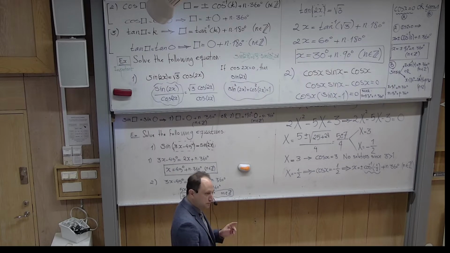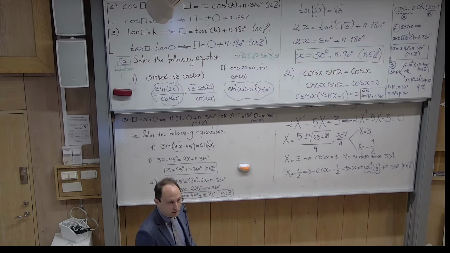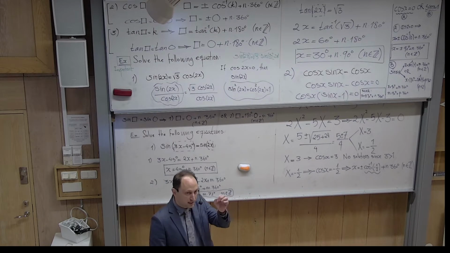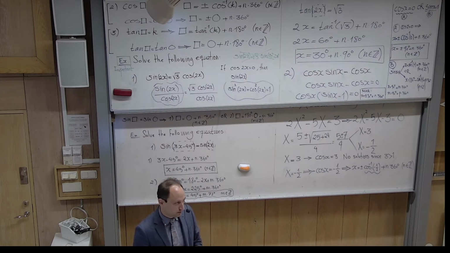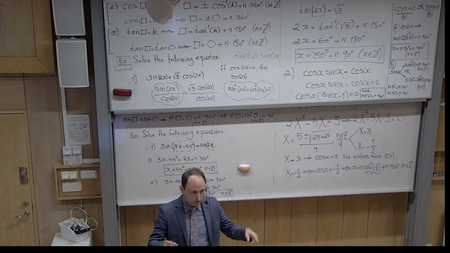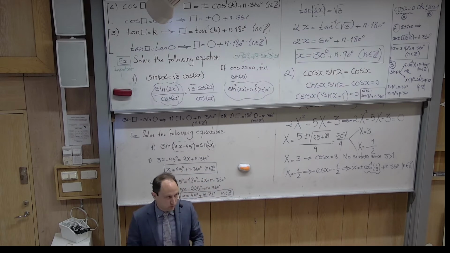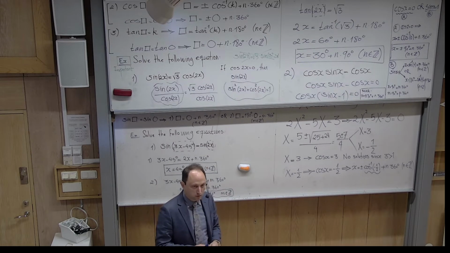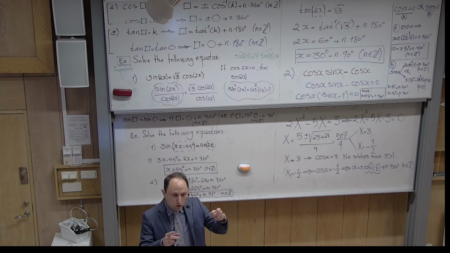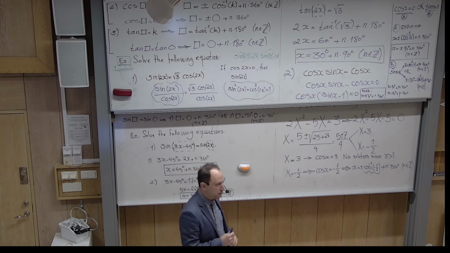But the point is that what happens if you are in that part of the exam in which the calculator is not allowed? And definitely you will not have negative numbers in your table. If you have seen that table, by the way, I can upload the formula sheet so that you can see the formula sheet that you will be getting, but there are no negative numbers in that table.